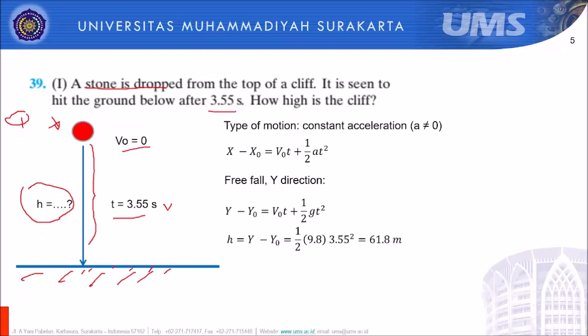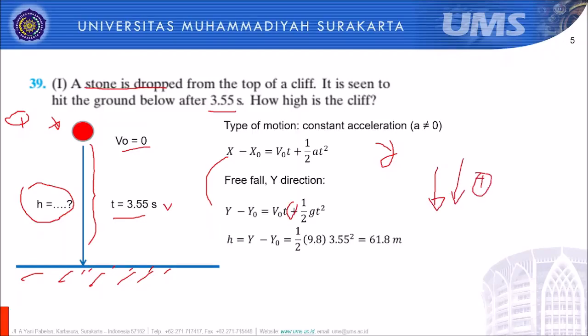We are going to use the y axis, so we change x to y: y minus y0 equals v0 t plus half a t squared. It is plus because the direction is free fall.